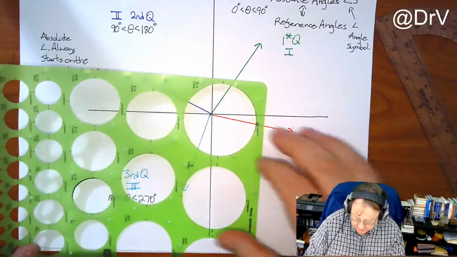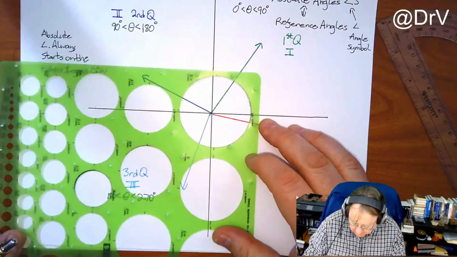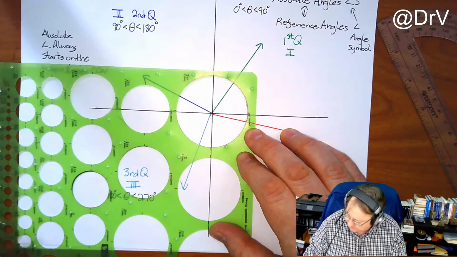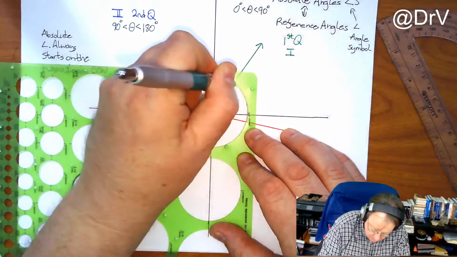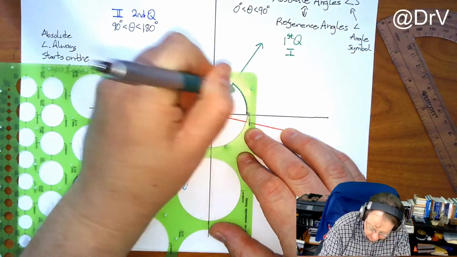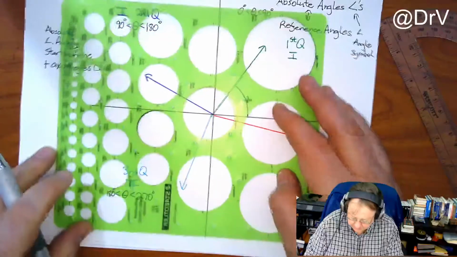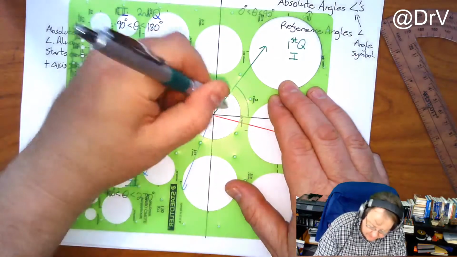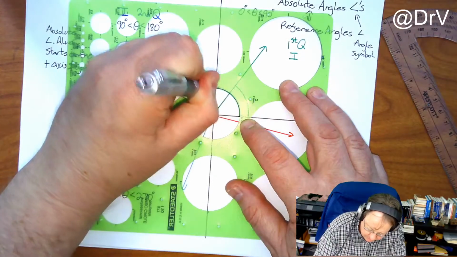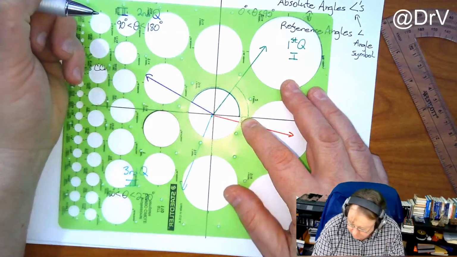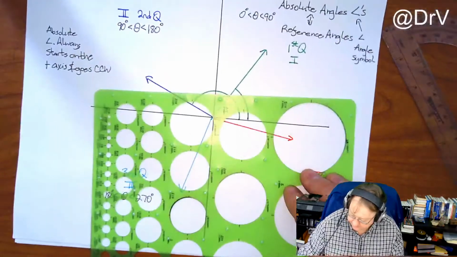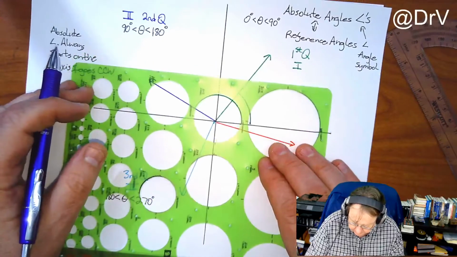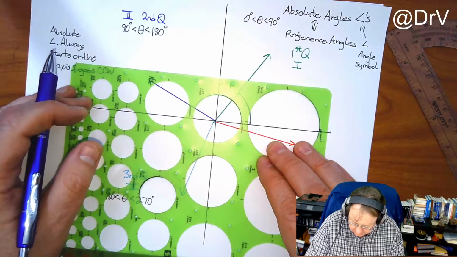And I'm going to mark the reference angle, or the absolutes. There's for the first one. This is for the second. Oops. Let's do that again. And use blue this time.